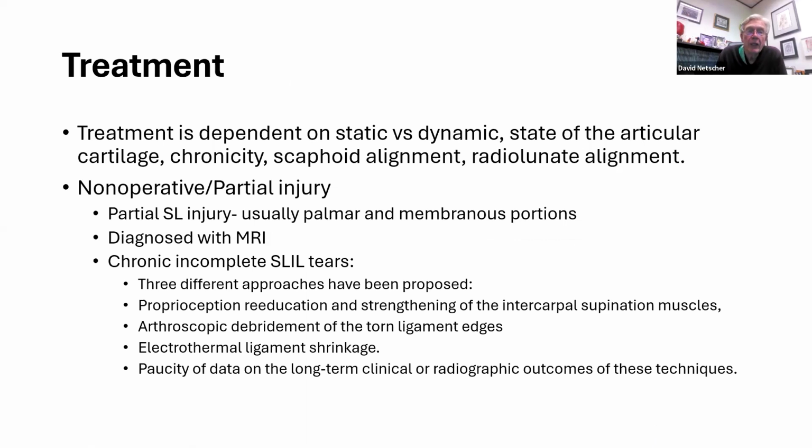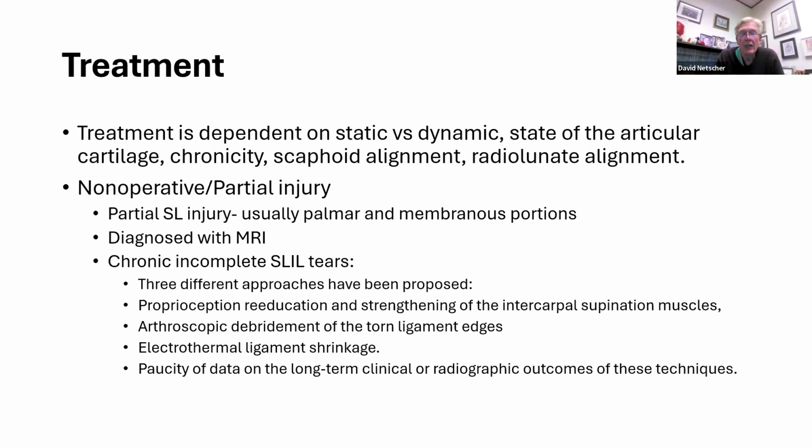So treatment depends on the type of injury. If it's already gone into a static deformity, or whether it's dynamic, or if it's a partial injury. And I said the partial injuries will really only be alerted to because they've got persistent pain, and we'll get an MRI, and it will show you that the volar and intermembranous portion of the scapholunate ligament is injured, but not the entire scapholunate ligament.